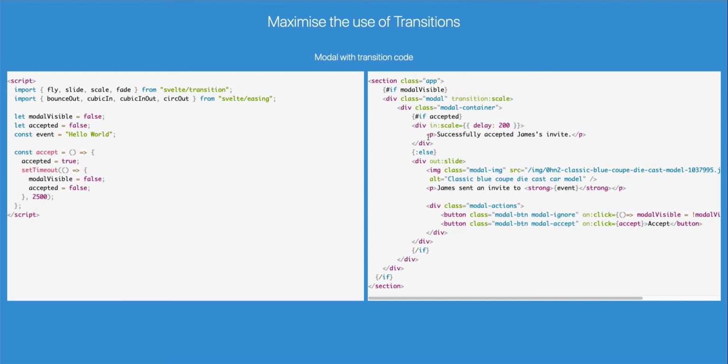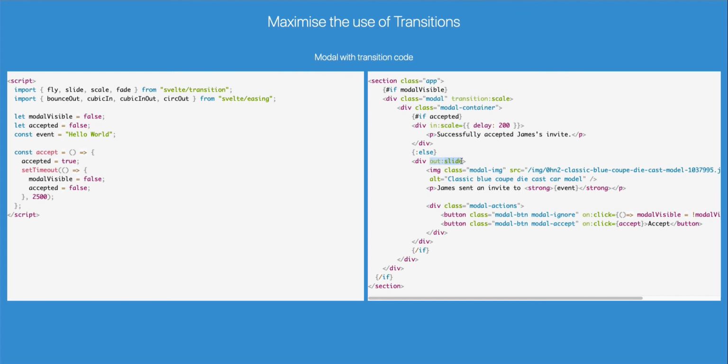And over here, on your right, you'll notice in the HTML, in some areas, we're only transitioning in one direction. Hence the reference to the in and out directives. So here we only want to scale the item when it's getting added into the page. When it's getting taken out of the page, it should just go away right away.